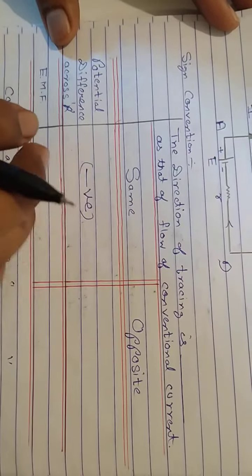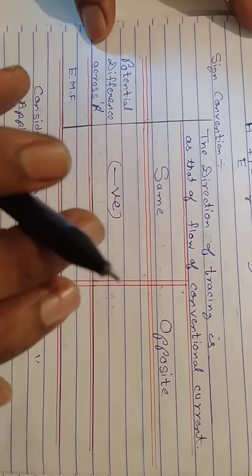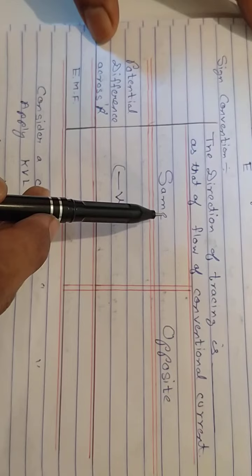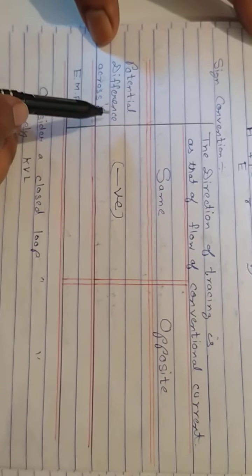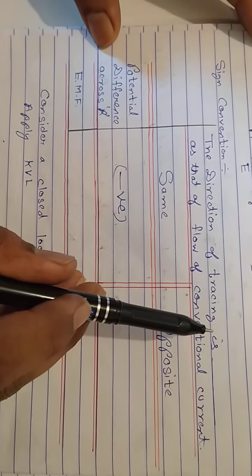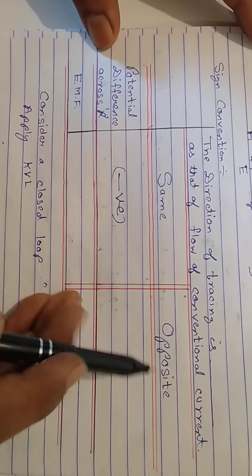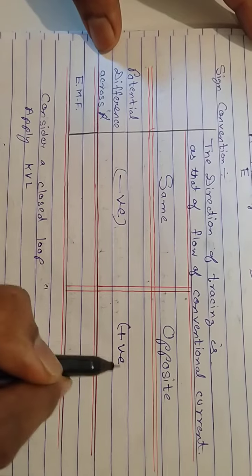If the direction of tracing is opposite to that of the flow of conventional current, then the potential difference across R is always positive. I will explain when I apply this in the circuit.